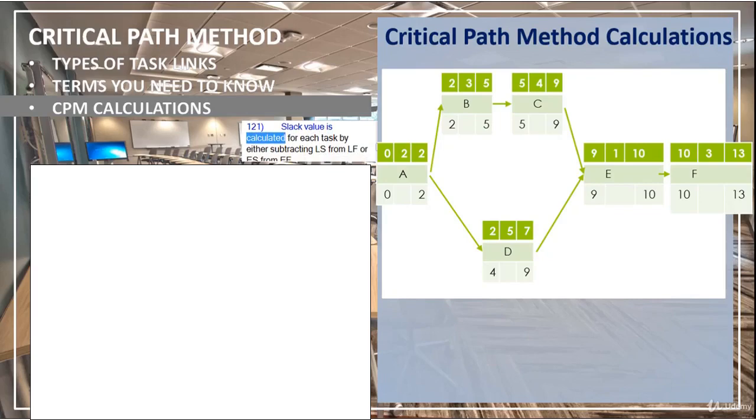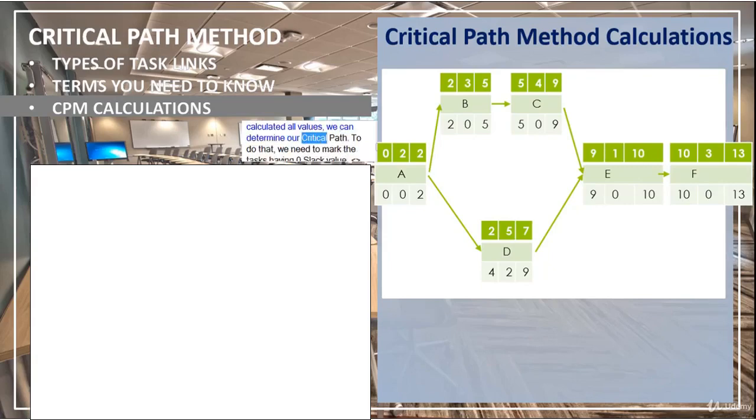Slack value is calculated for each task by either subtracting LS from LF or ES from EF. Since we have calculated all values, we can determine our critical path. To do that, we need to mark the tasks having 0 slack value.